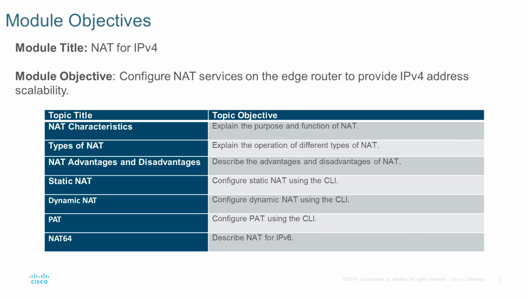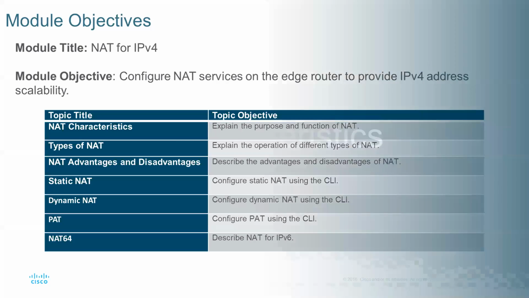So this allows multiple applications from different sources to be translated to a single external address. And then lastly, we'll look at NAT64, which is the smaller subset of functions that can work under IPv6.